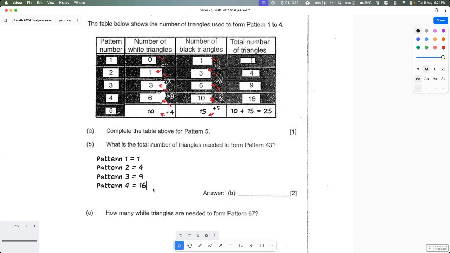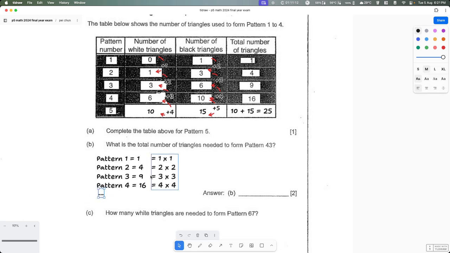So basically it's the same as 1 times 1, 2 times 2, 3 times 3, and then 4 times 4. Essentially this is the pattern.